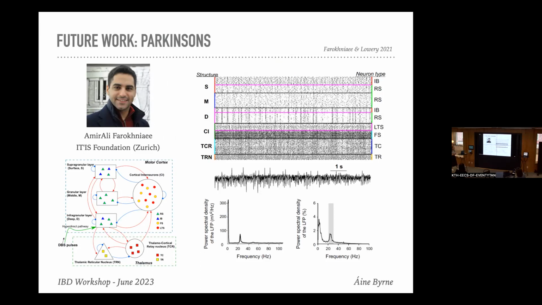It's very computationally expensive, and you can reproduce the response that is seen in the brain to deep brain stimulation, but you can't gain much insight into why it's working or what exactly is happening.